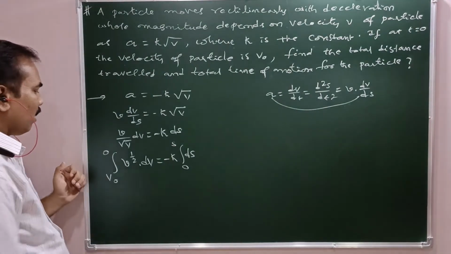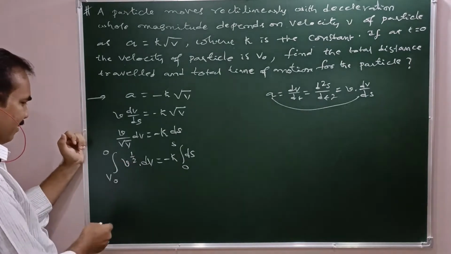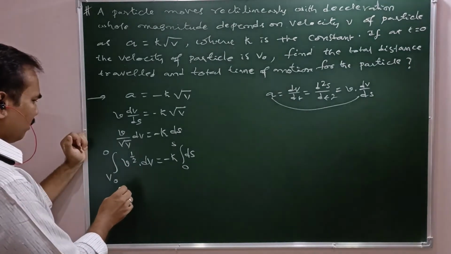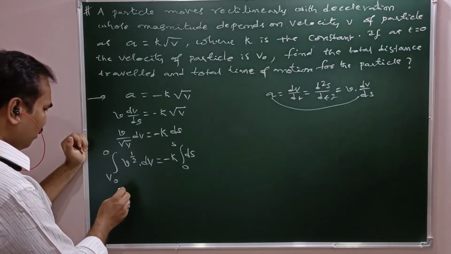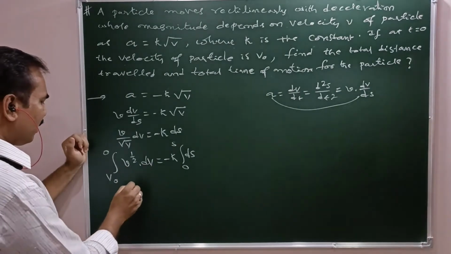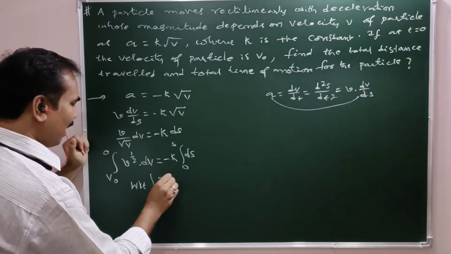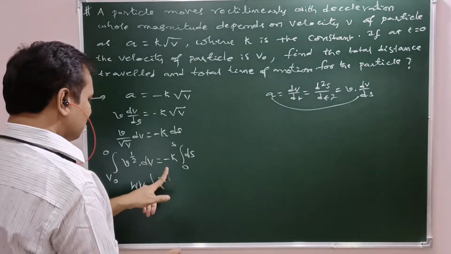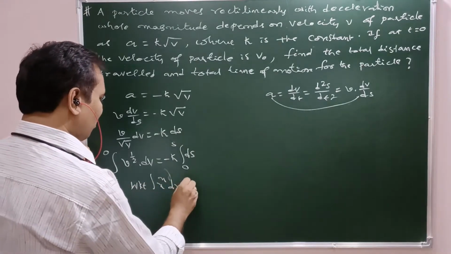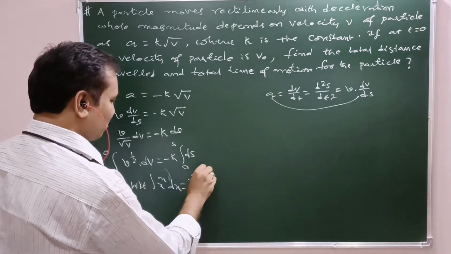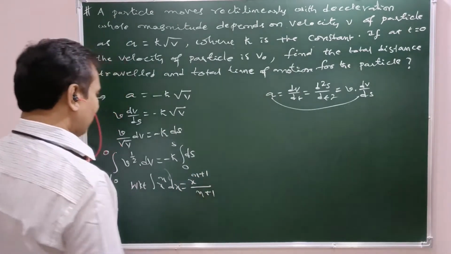Now I am taking the integral of v power 1/2 dv. We know that the integral of x^n dx = x^(n+1)/(n+1).